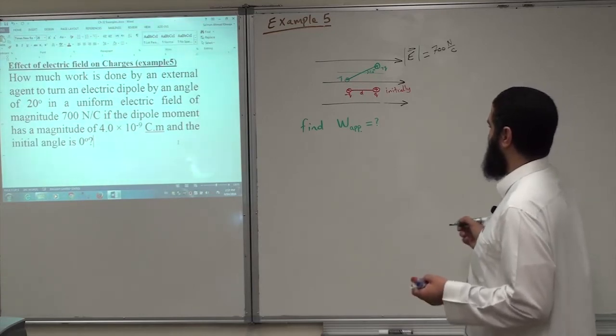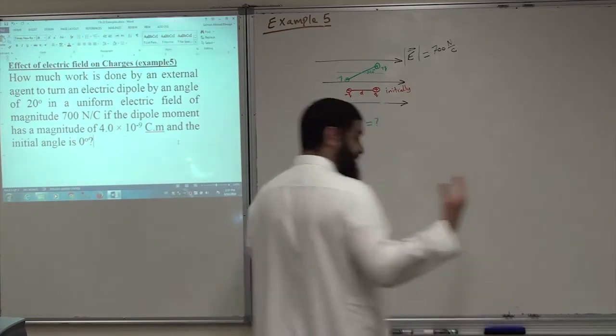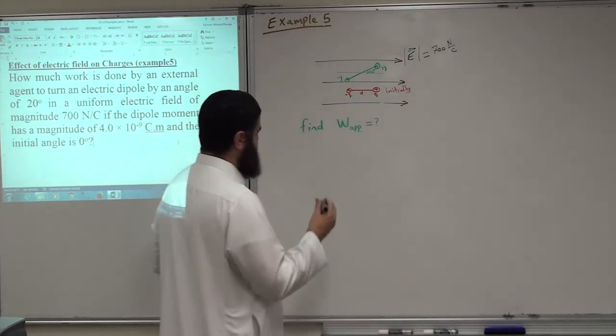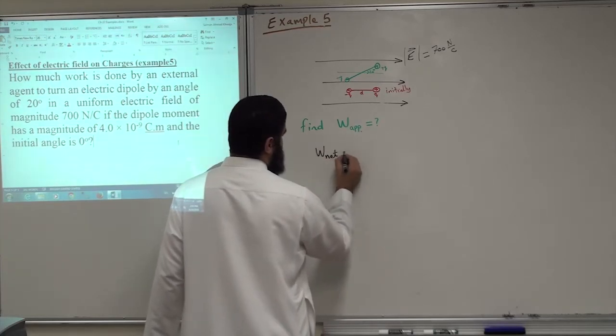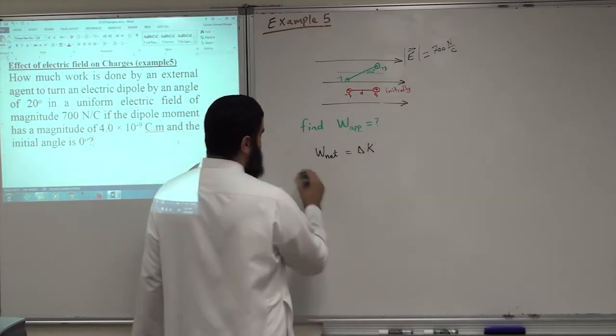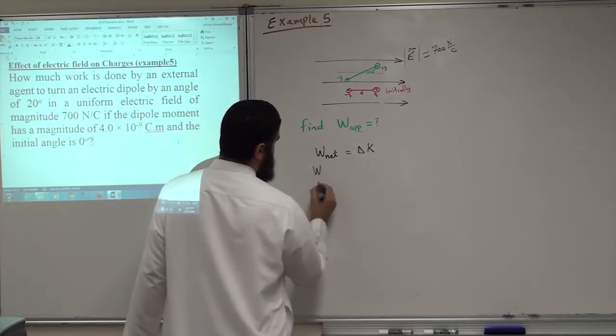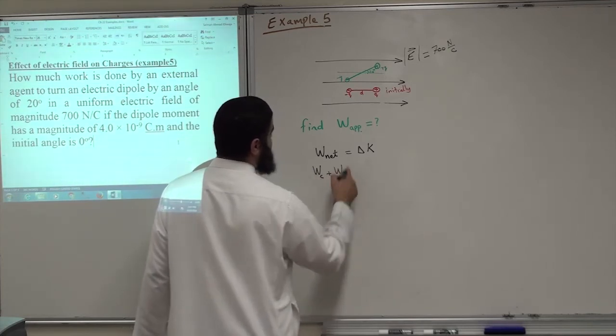We know that the work-kinetic energy theorem tells us that the net work equals the change in the kinetic energy. The net work is the work done by the conservative force plus the work done by the non-conservative force.